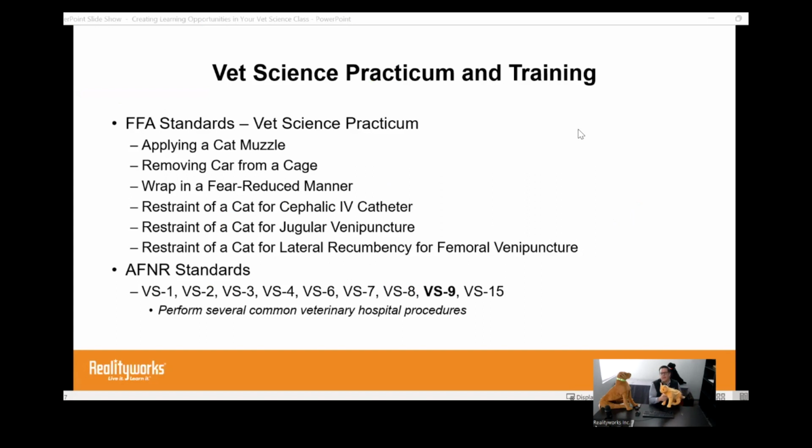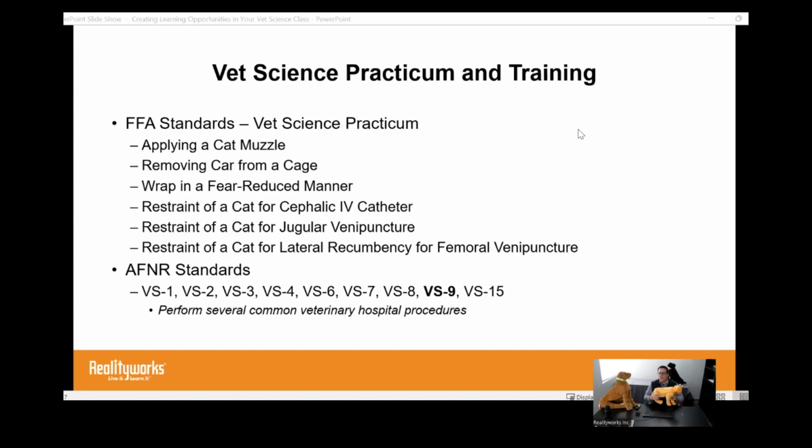Now, the great thing about our feline here is it is a full-size cat, and it hits a lot of different standards, from applying a cat muzzle, removing the cat from a cage, wrapping in a fear-reduced manner, and then also restraining it.